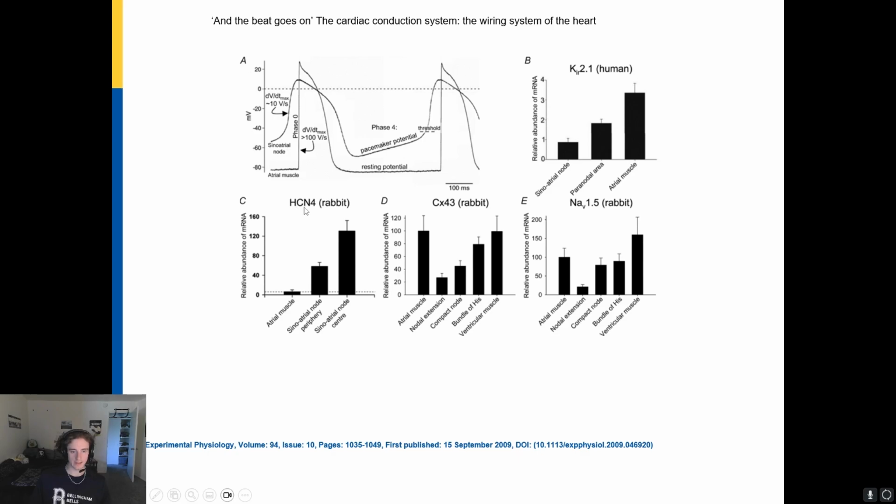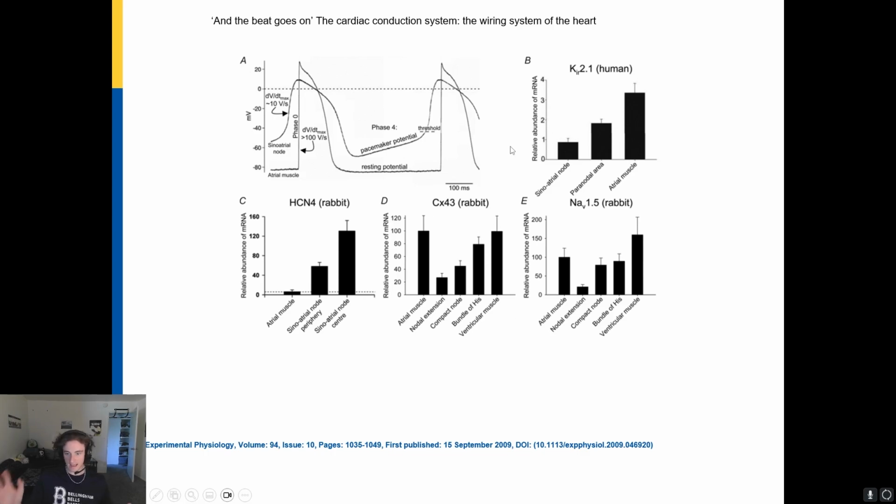So HCN, funny current, higher in the SA node, lower in that paranodal area, almost zero in atrial muscle. Big, huge calcium channels, very low in the nodal extensions and the compact nodes of the AV node, but then it gets higher and higher as we reach the ventricular muscle.